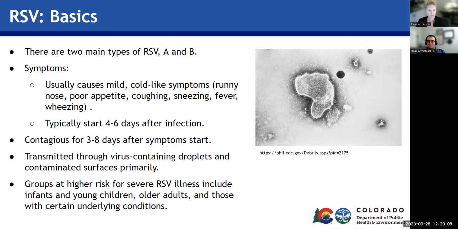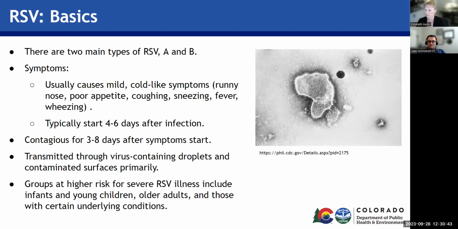And these symptoms typically start 4 to 6 days after an infection has started, and the contagious period lasts about 3 to 8 days after symptoms start. This is a bit longer range than some other viruses, although it can depend on the individual as well, especially those who might have an immune system issue, an immunocompromising condition. The contagious period can last for a lot longer.